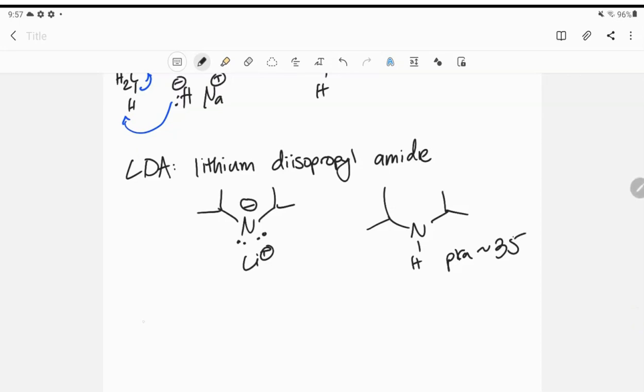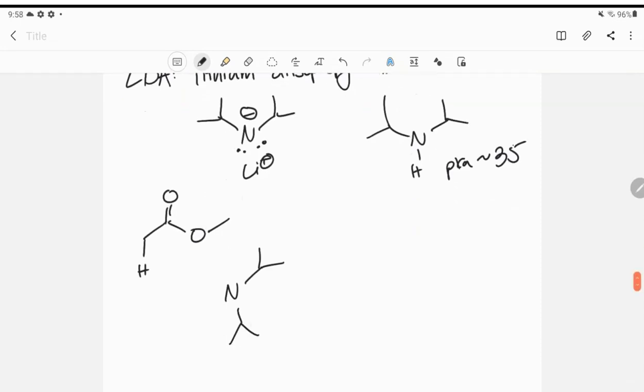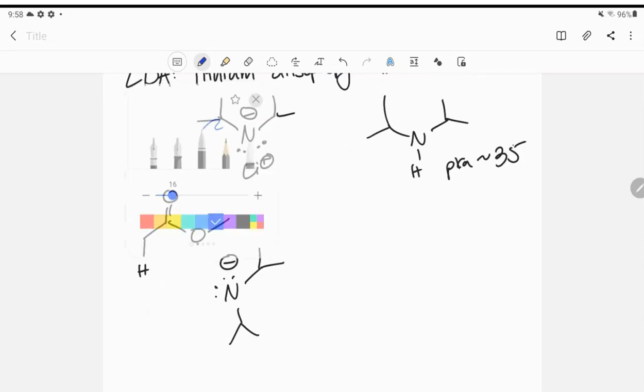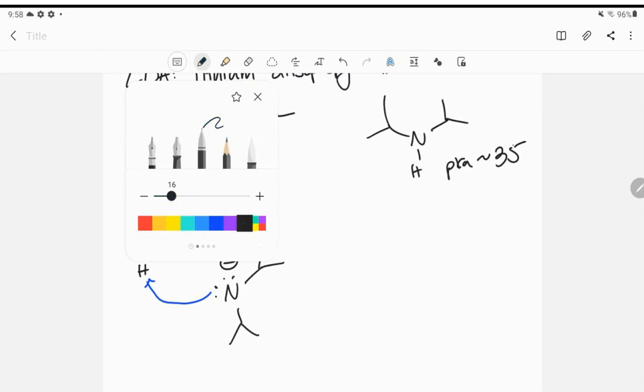Let's take a look. Let's use a ketone, let's use an ester this time. We're going to see that the mechanism for the acid-base reaction would be just the same. We want this to react. It's just exactly the same as before.